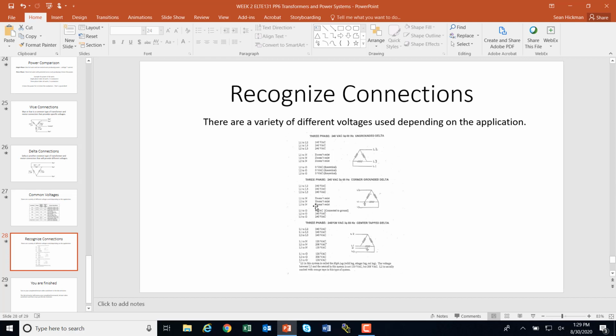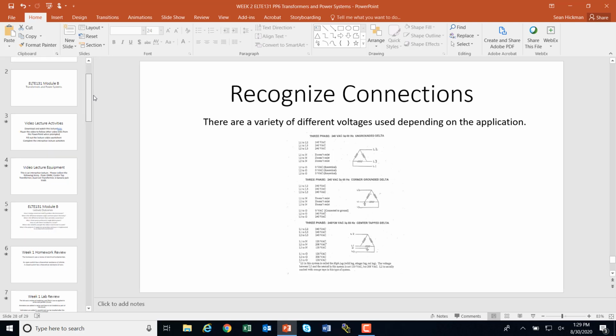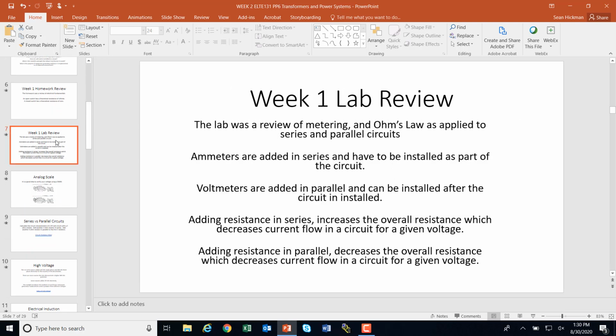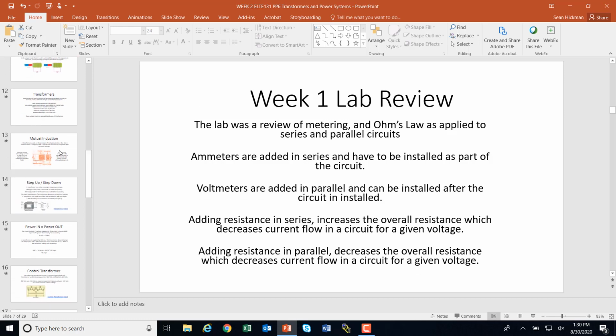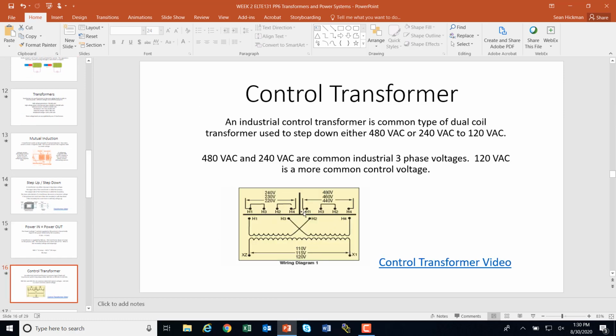Okay. So just in review, we started up here with reviewing our lab, and the big thing that we learned was that adding resistance in series increases the resistance and decreases the current flow. So we took this principle, decreases the current flow, and we applied it to transformers here.